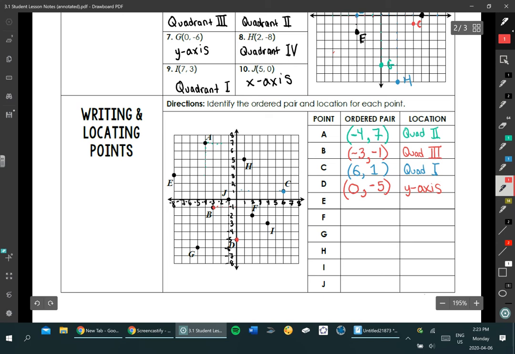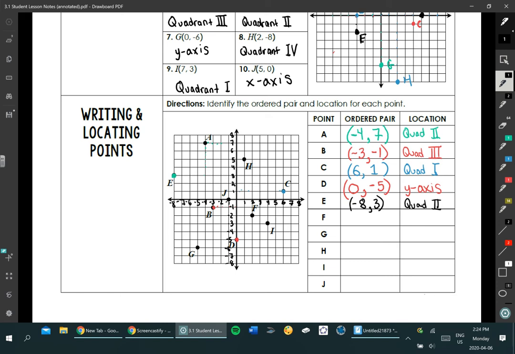Okay. Let's try the next one. Let's go with point E. So E we have over here. So again, we start with the x coordinate. Well, it lines up with our x-axis at -8. Okay, and our y-axis +3, and that is quadrant 2.